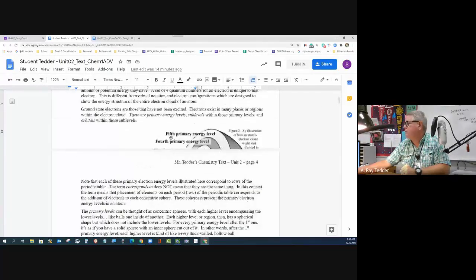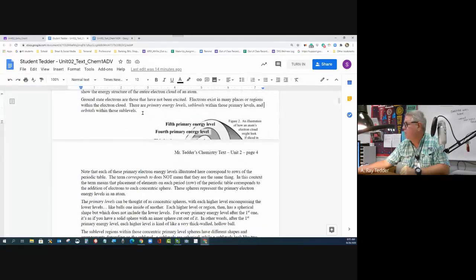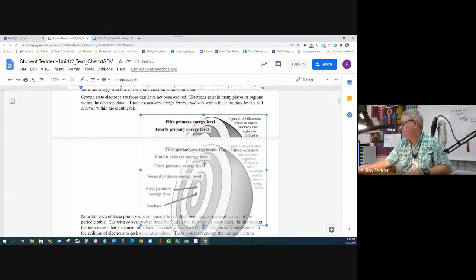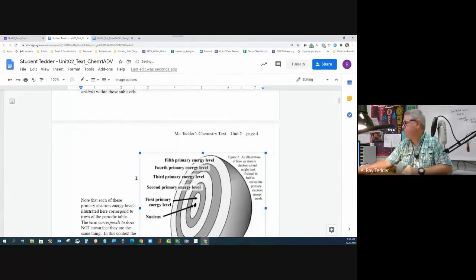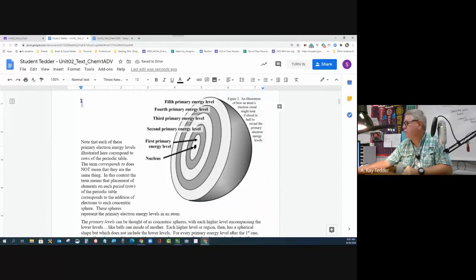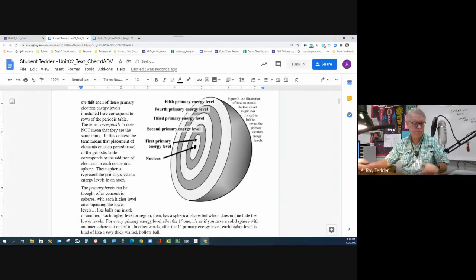Now, this seems to be off the screen a bit, so I want to go here and hit return. I want to move this image down so I can see it. Okay. So this is an illustration that kind of shows you the same sort of thing. It shows you what we're talking about, all right?